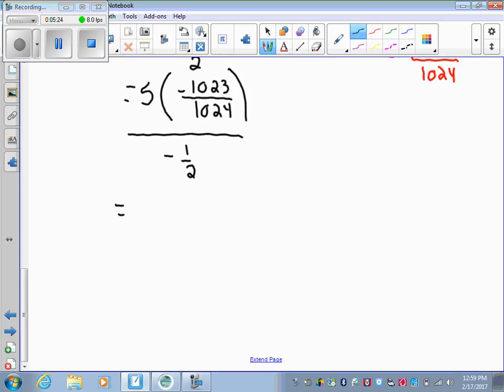So next I'm going to deal with the distributive property, or you could divide by 1/2 first. 5 divided by negative 1/2 is going to leave you with negative 10.